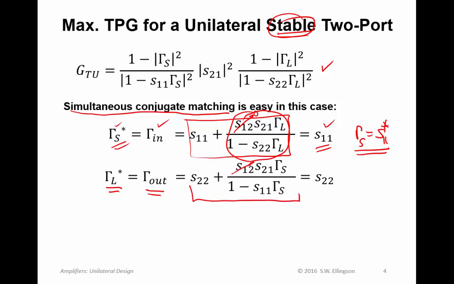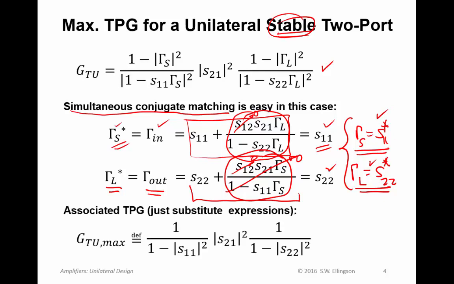And S12 is 0 for a unilateral two-port, so this whole thing is 0, leaving just S22. So here we find that gamma sub L is just S22 conjugate. So you can see from these two expressions that we really like it when two ports turn out to be unilateral, because then simultaneous conjugate matching becomes very simple.